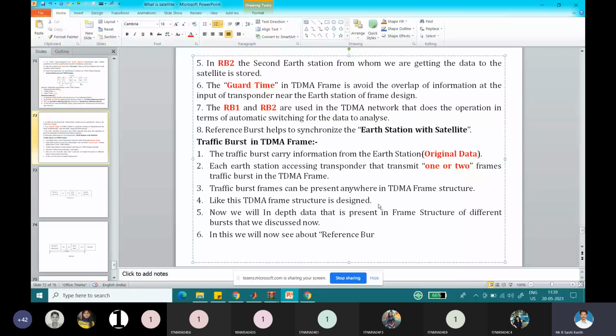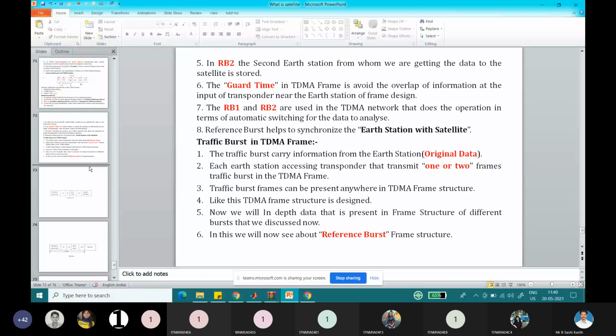Okay, so now we are going to start with the internal structure of the reference burst. So what is the intention? We have seen the TDMA frame. From the TDMA frame, we have studied what are the things that are present in that. In that, now we are going to study in depth about each burst and what is the information that is present in each burst. That we are going to start now.